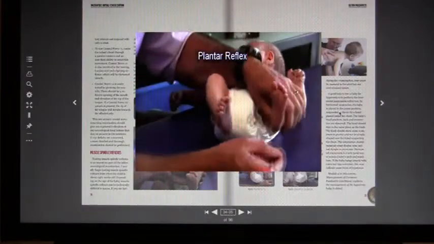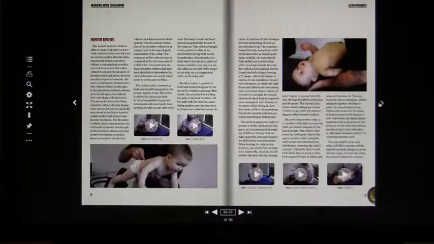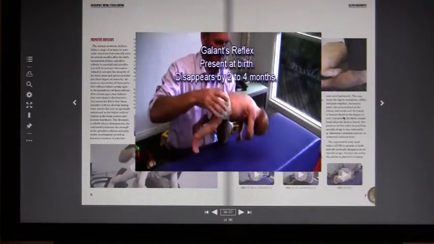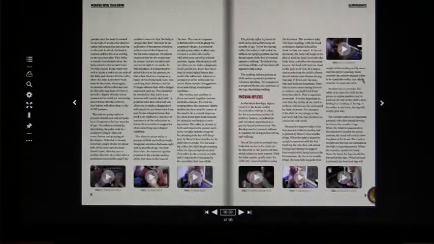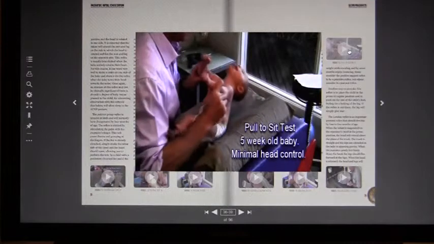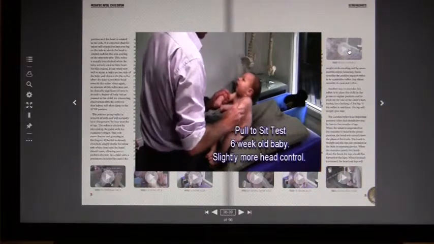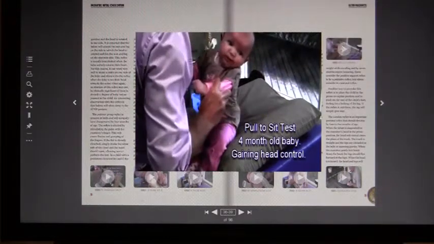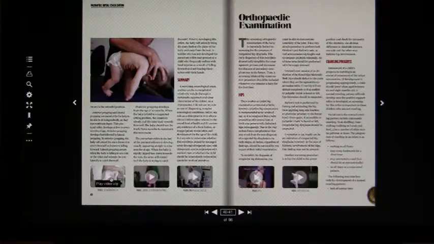Whether this be a specific neurological examination such as this plantar reflex examination, testing for the presence of primitive reflexes such as this Galant reflex, perhaps testing an infant with a pull to sit test to determine whether the child is meeting age-specific milestones, or testing for a postural reflex such as this Landau reflex.